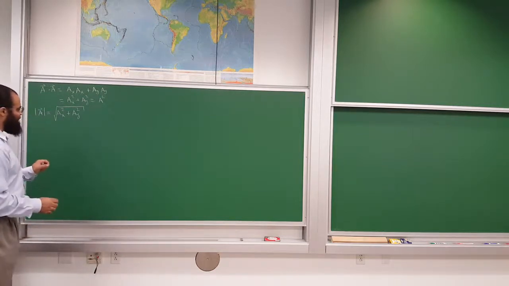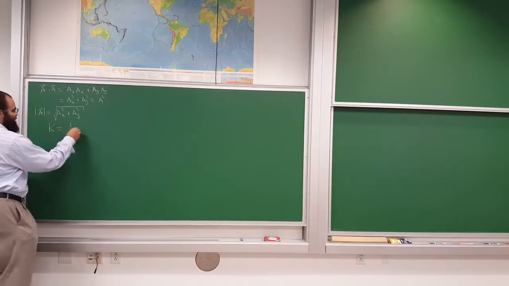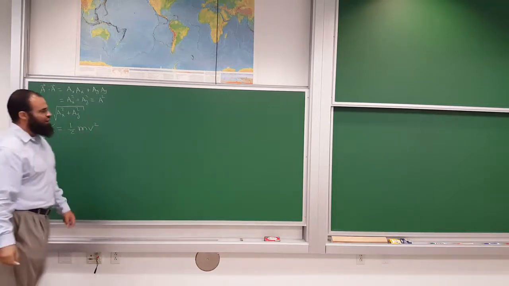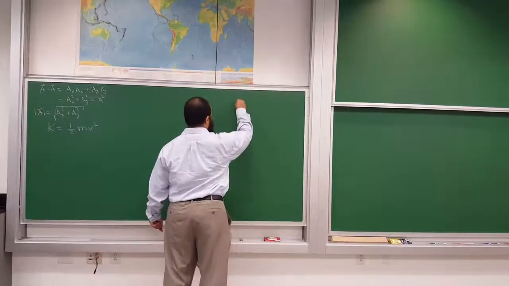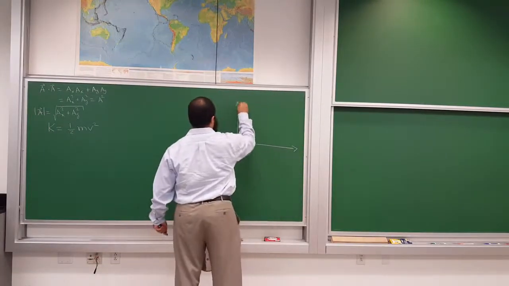So let's start with the definition of kinetic energy. We know that the kinetic energy is defined as 1/2 of the mass times the velocity squared. Let's take our object to be moving along the xy plane. This is x, this is y.